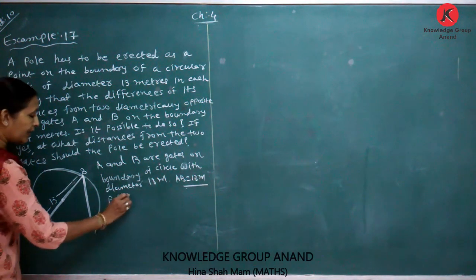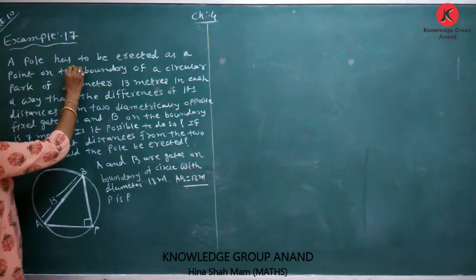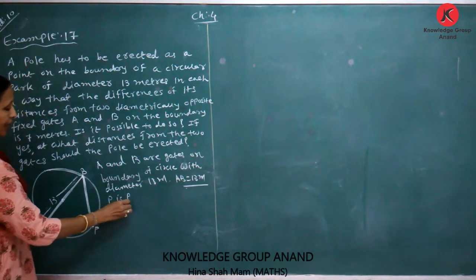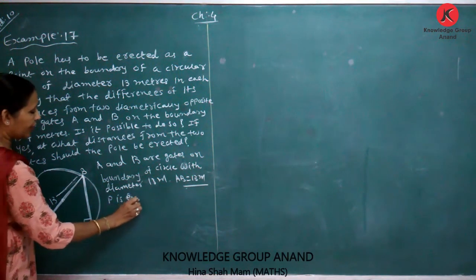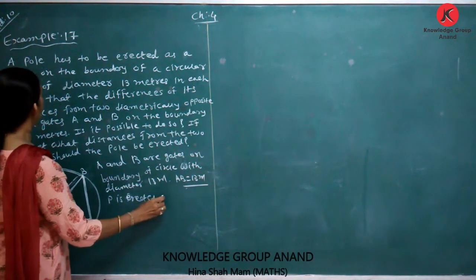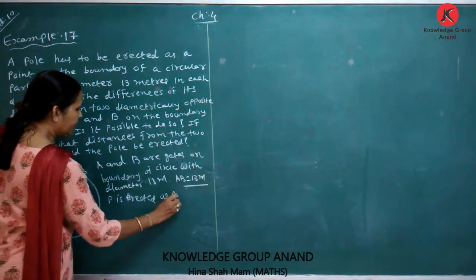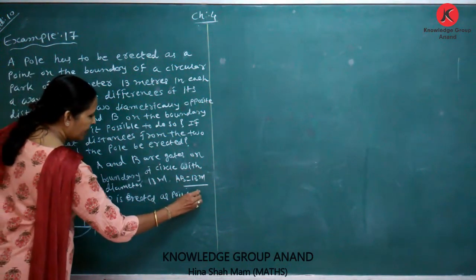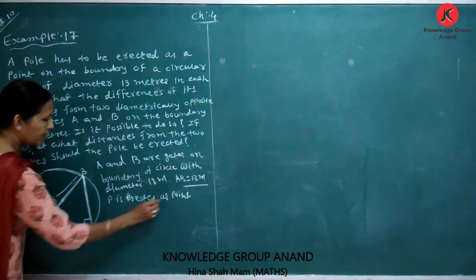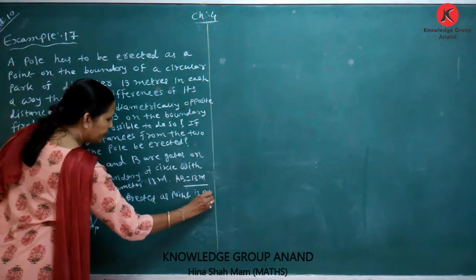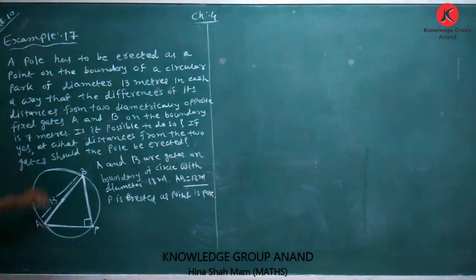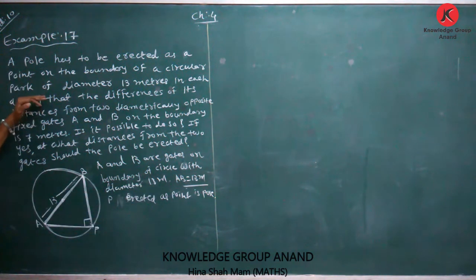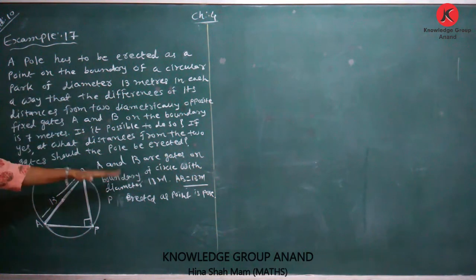P is the point where the pole is erected on the boundary.